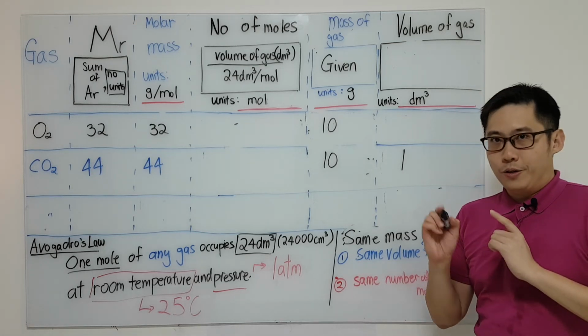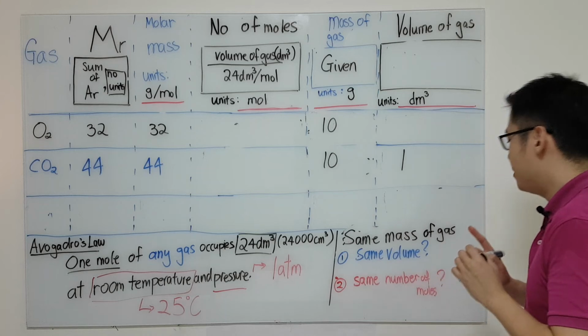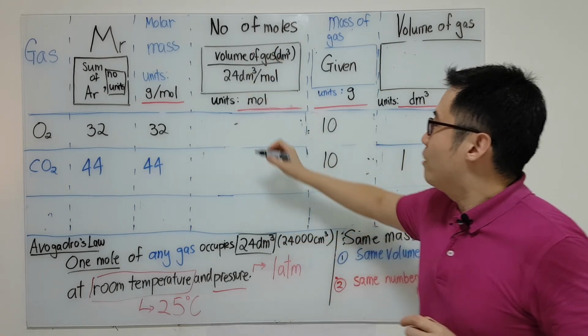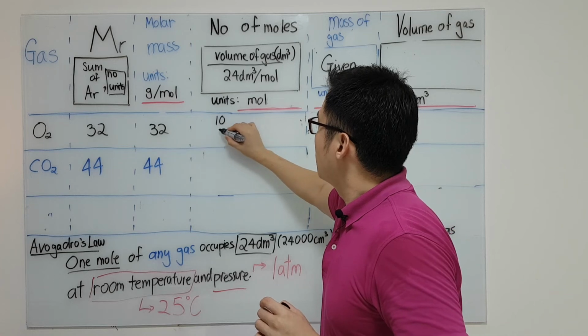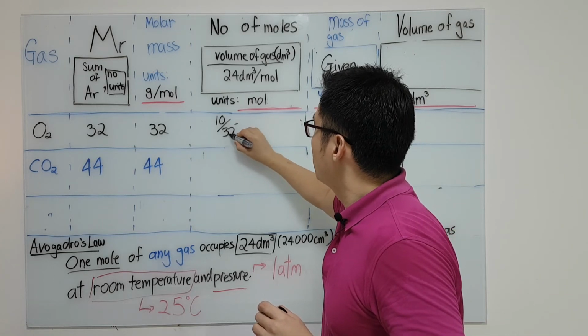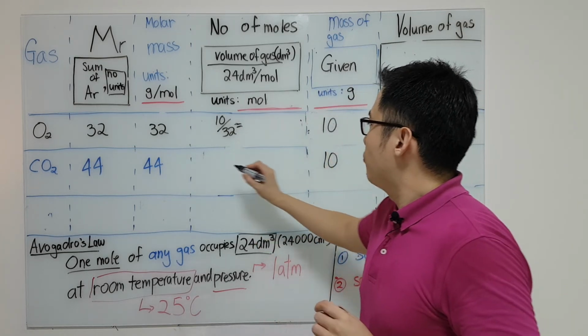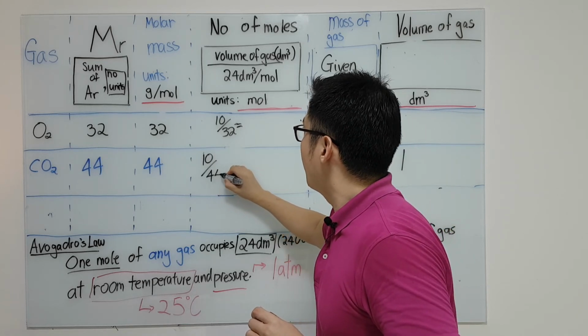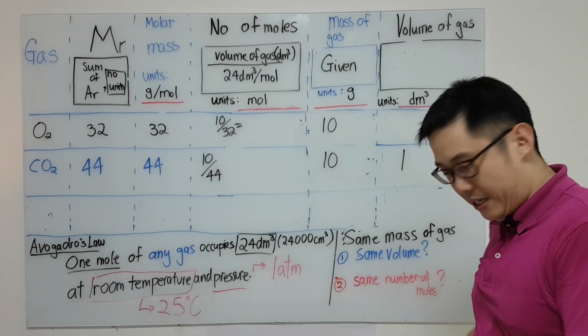Now, with this in mind, let's go on to see. With the mass given, to calculate the number of moles, that will be 10 divided by 32 for oxygen, and for carbon dioxide it will be 10 divided by 44. How do I get this?